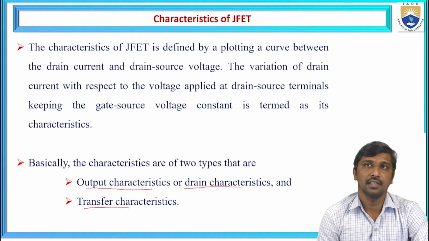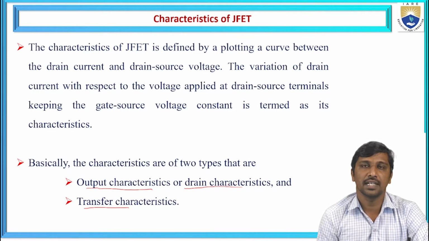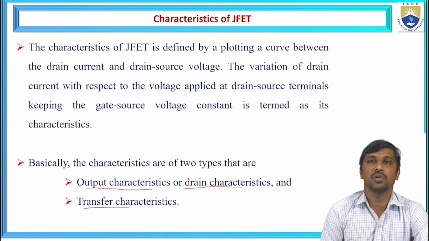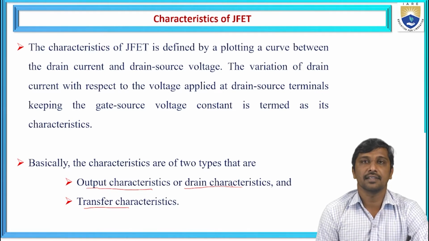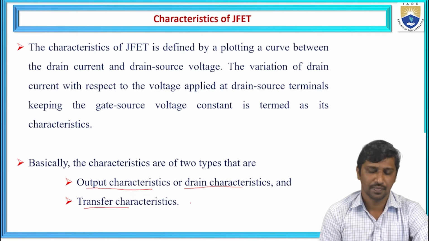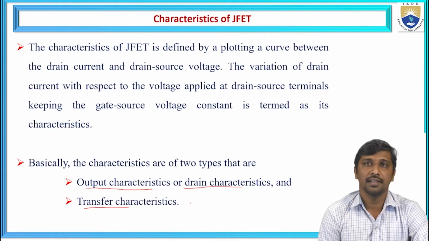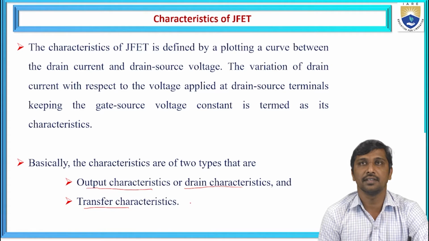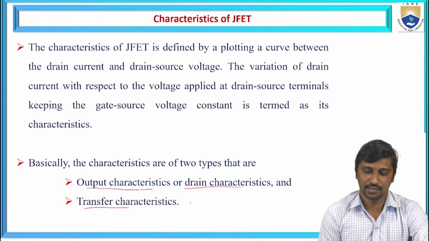Whatever the FET, either a JFET or a MOSFET, it has only these two types of characteristics: output or drain characteristics, and transfer characteristics. Now we'll see in detail how to plot the drain characteristics as well as the transfer characteristics.